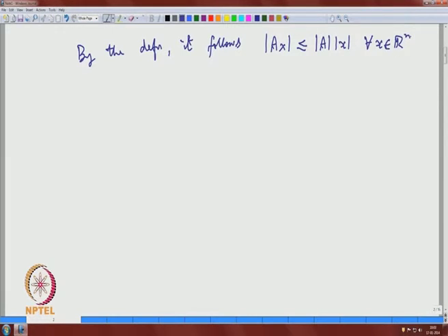We also saw that norm A is less than or equal to the Frobenius norm.